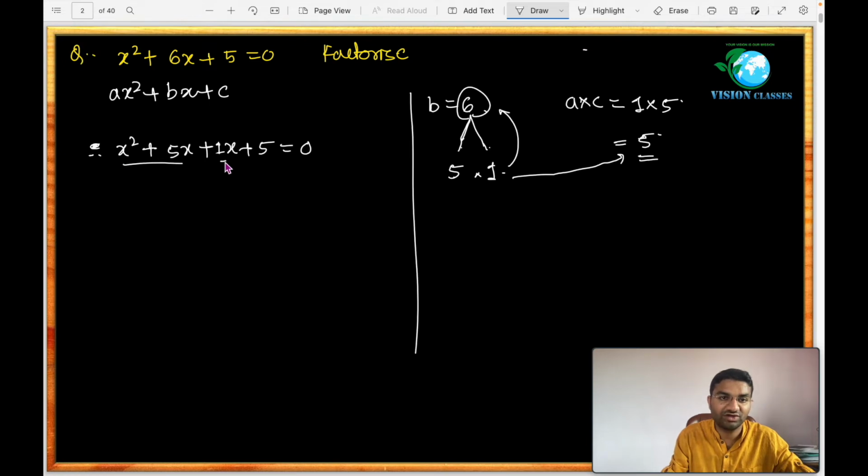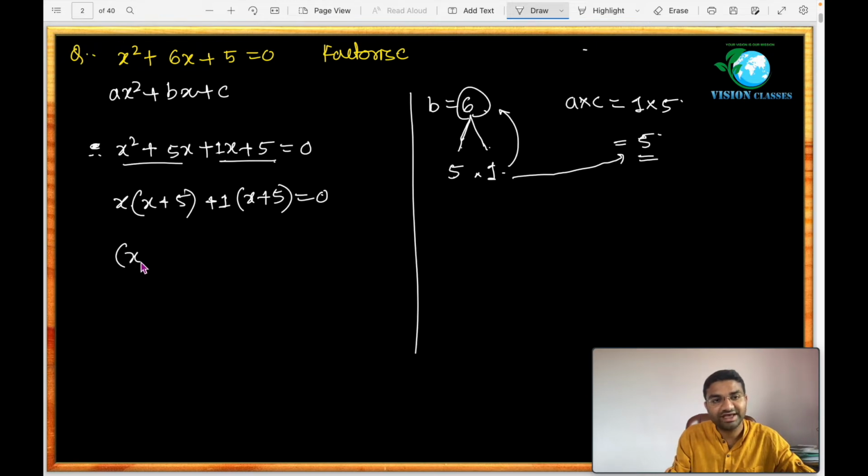Then from the first two terms you can take x common, and from the last two you can take just 1 common. So x times (x plus 5) plus 1 times (x plus 5) is equal to 0. From the whole equation you can take out (x plus 5), and you are left with (x plus 1), which is equal to 0.